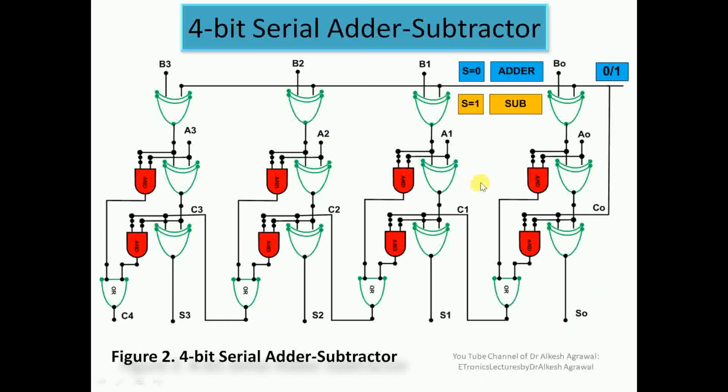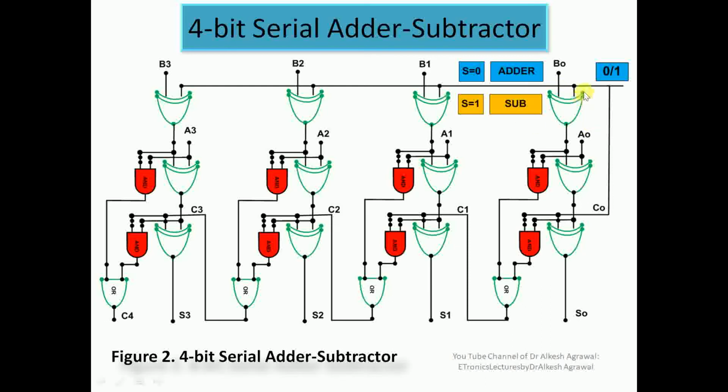Now we have made some changes in this circuit, and it becomes an adder subtractor. So what are the changes that we have made? You can easily depict. We are giving the number A as A0, A1, A2, A3 directly, but the different bits of number B, that is all 4 bits, are being given through an exclusive OR gate.